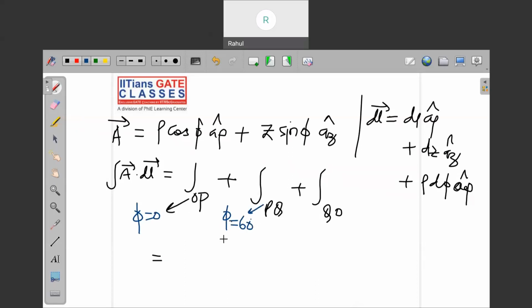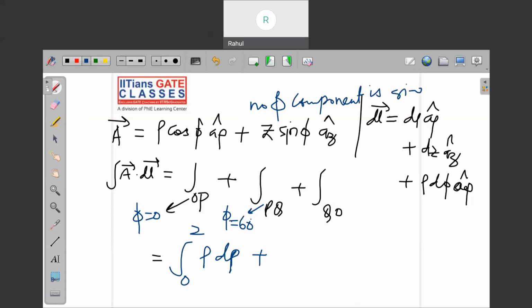So when we are in O to P, your rho is varying from 0 to 2, and rho cos 0 means 1, so rho d rho. Along phi there is no phi component given, so the second integral by default is 0.